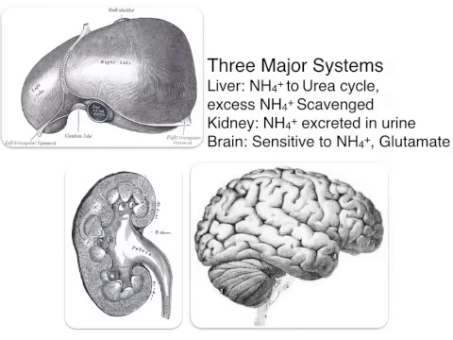Now, in the liver, ammonium is going to be used in the urea cycle, and the excess ammonium that cannot be put into the urea cycle for some reason is going to be scavenged in order to protect the body. In the kidney, excess ammonium is going to be excreted in the urine.